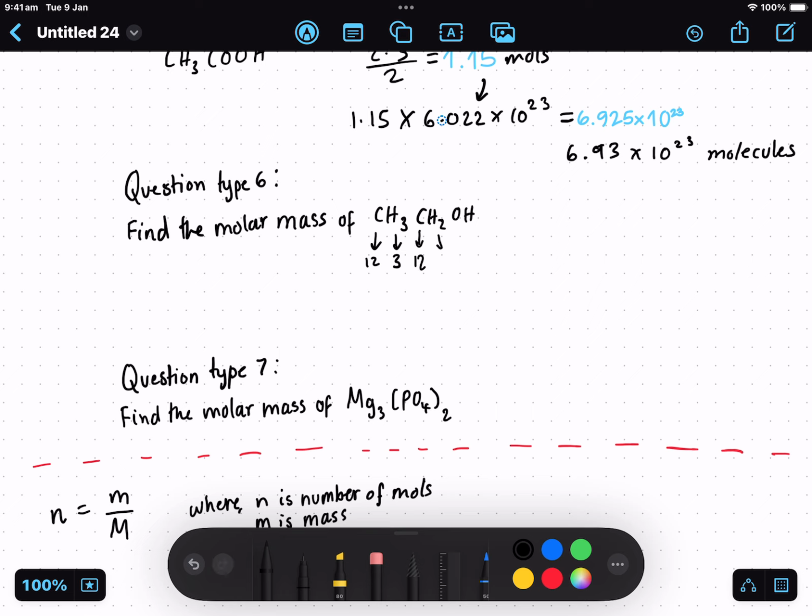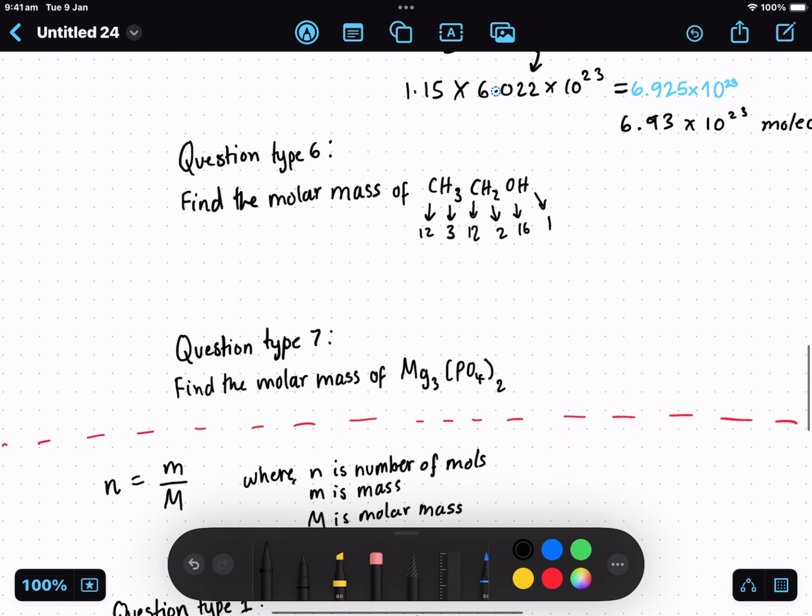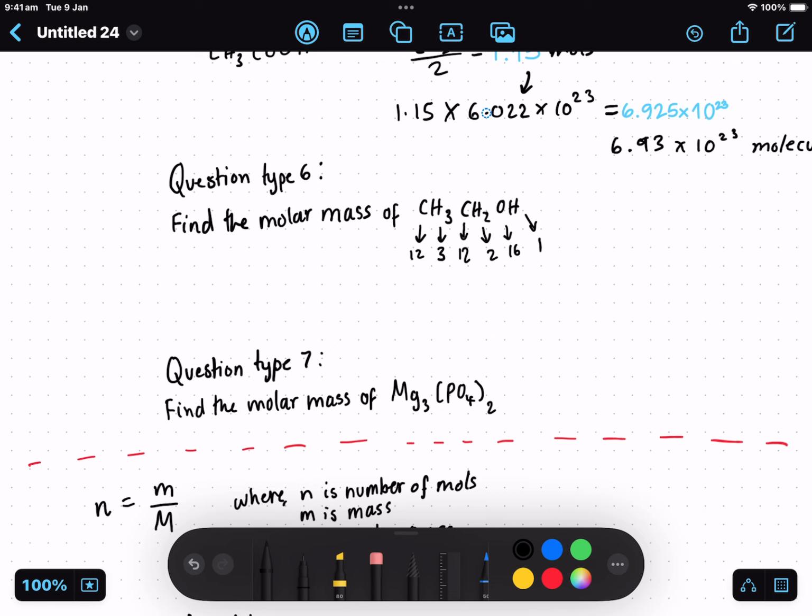And then hydrogen is 1, but since there are 2, we'll write 2. And oxygen is 16. And hydrogen is just 1. You can just find the atomic mass of each element on the periodic table, so that should be handy.